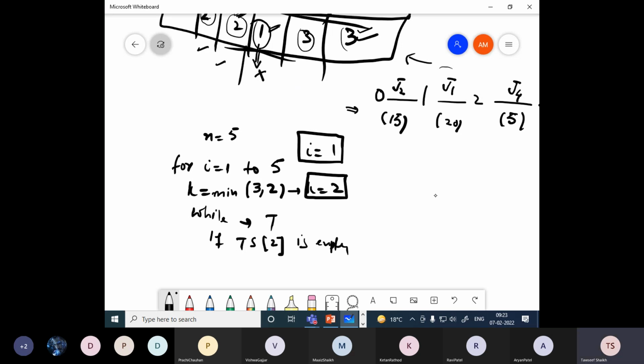I know that the maximum slots in this job will be from 0 to 1, 1 to 2, 2 to 3. Is time slot of 2 empty? Yes, that is empty, so it is true because it is not allocated to anyone.